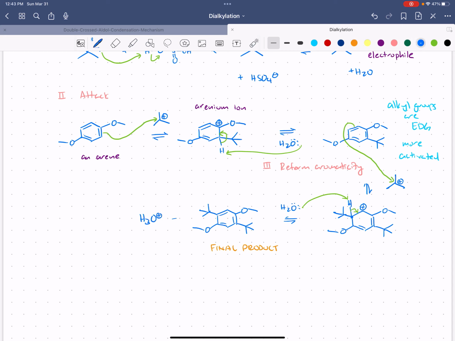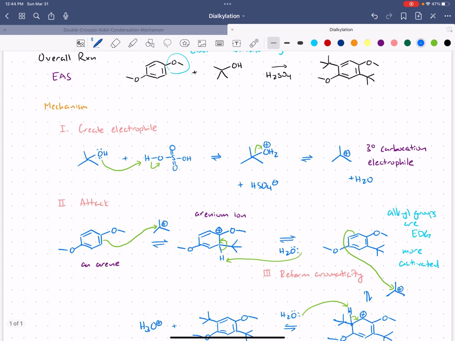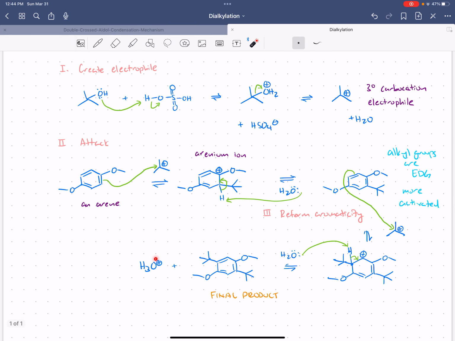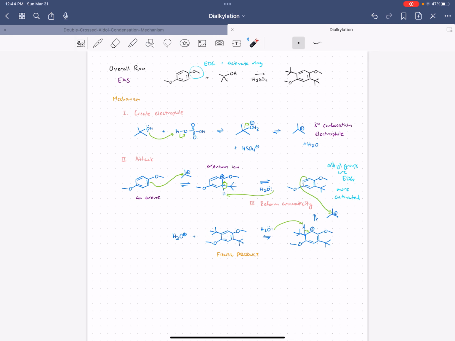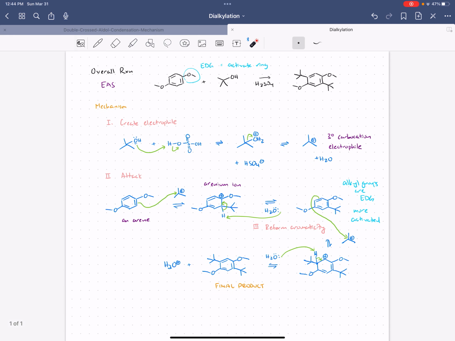That's good because we could start the process again by protonating this alcohol with this acid as well. It doesn't matter which acid you use. Okay, let's zoom out. Very short mechanism, or relatively short mechanism. And again, this is called an electrophilic aromatic substitution. Specifically, it's an alkylation of a benzene derivative.